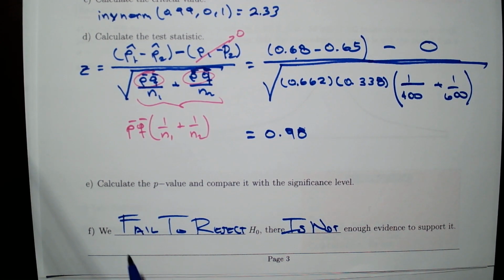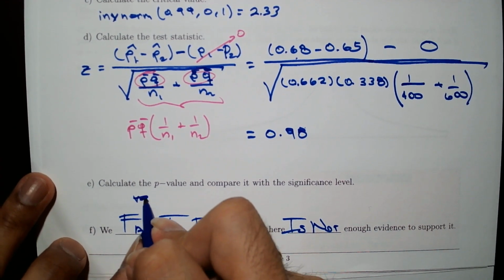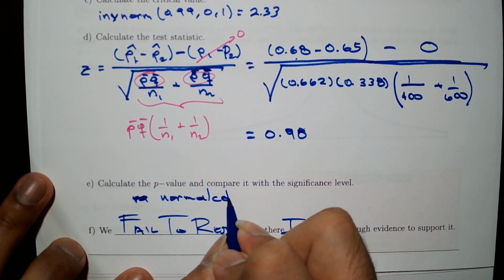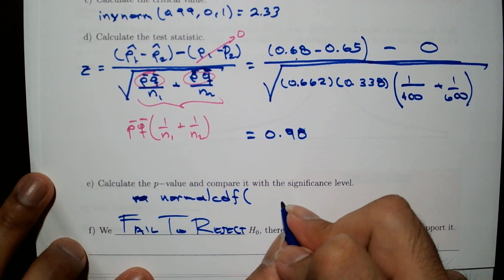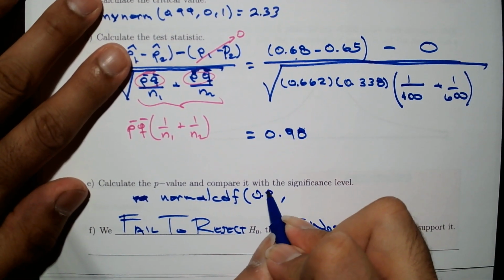And to find the p-value, we do it the same way as we did before, using the normal CDF from 0.98 to something big.